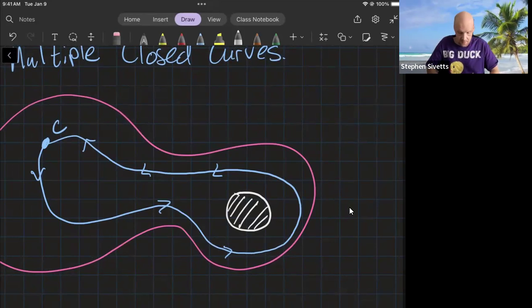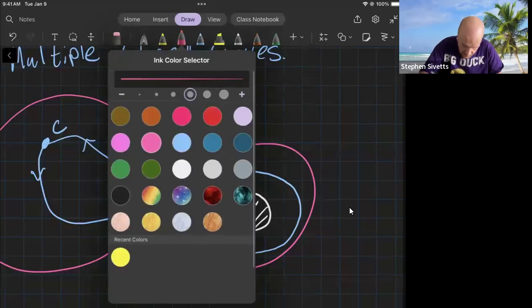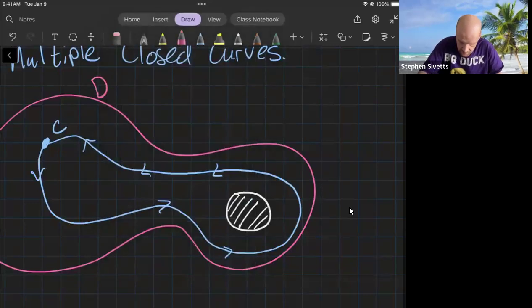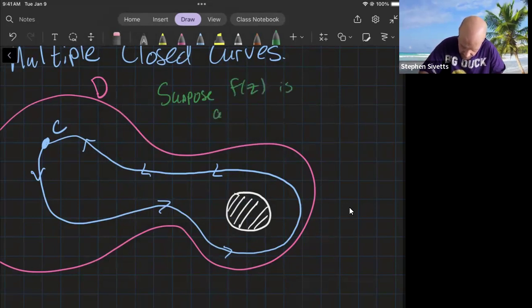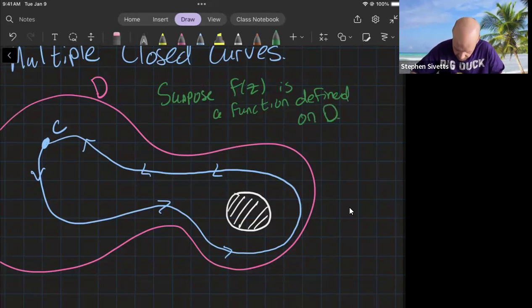So let's suppose we have a domain D that is not simply connected. It has a hole in it, right? So what we can do is, since there's a hole in this domain, suppose f of z is a function defined on D, okay?